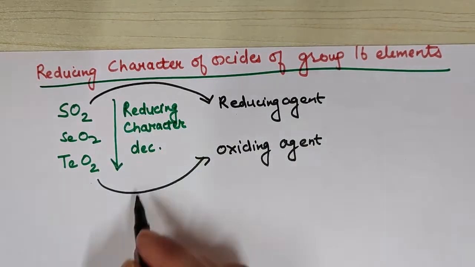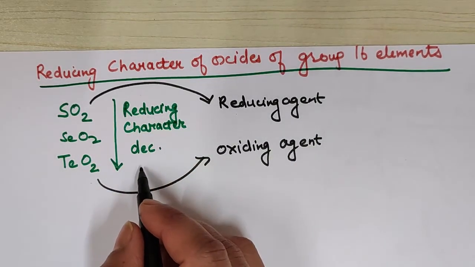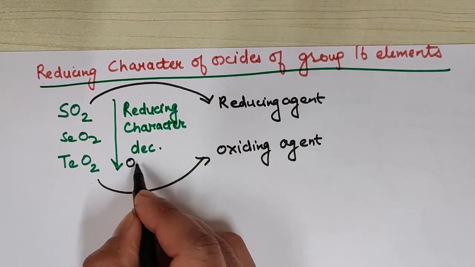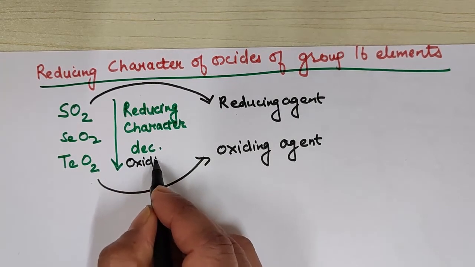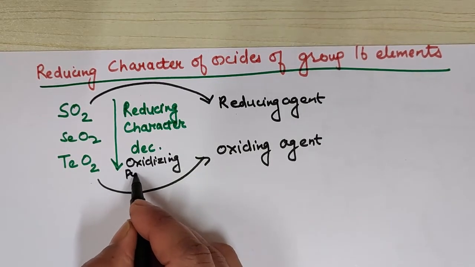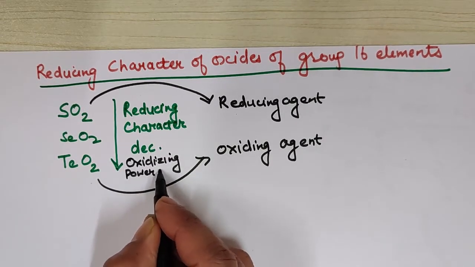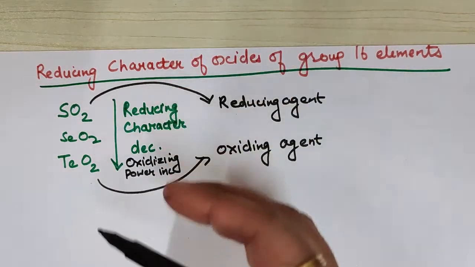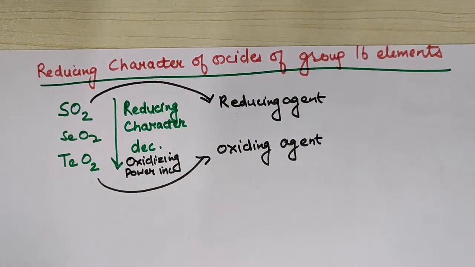In other words, we can say reducing character is decreasing, but oxidizing power increases as we move down the group.